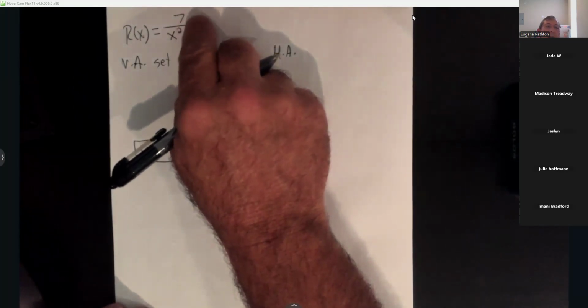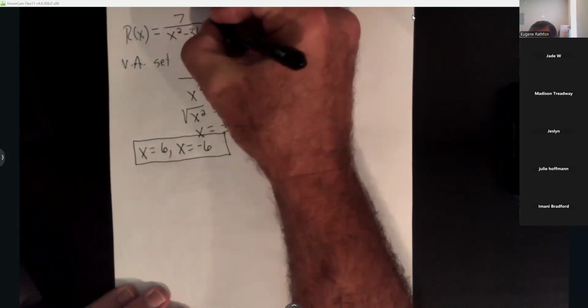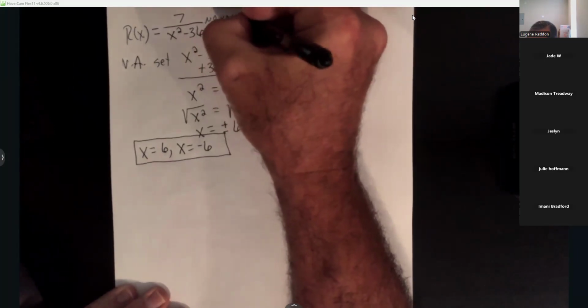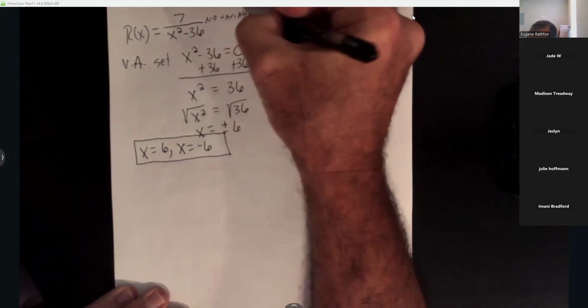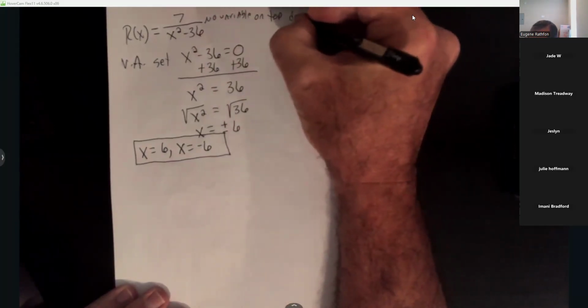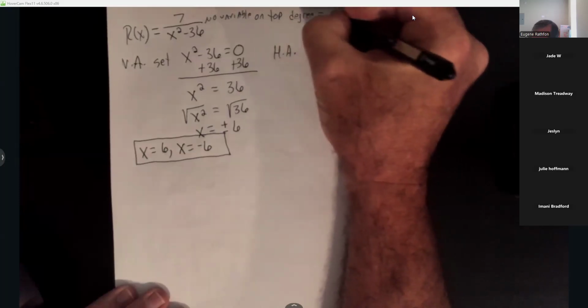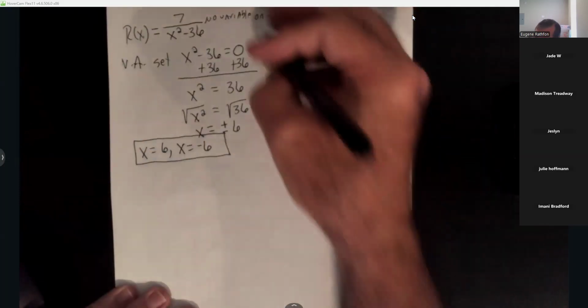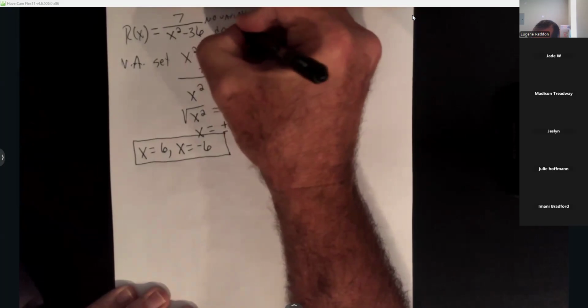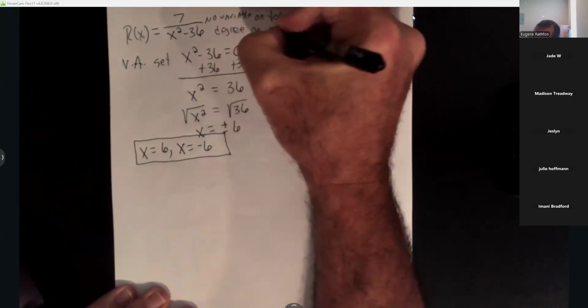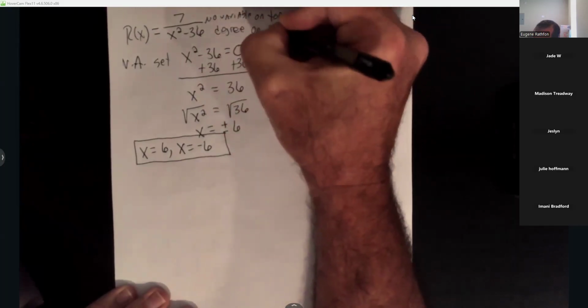Since there's not a variable on top, that means the degree on top is 0. And then the degree on bottom equals a 2.